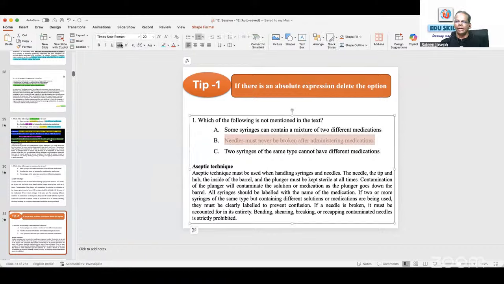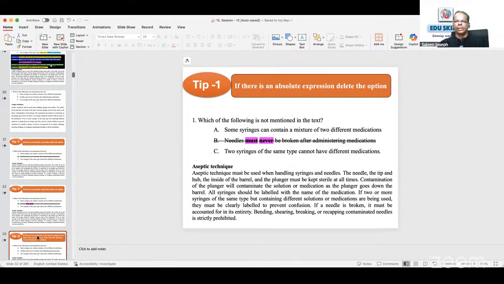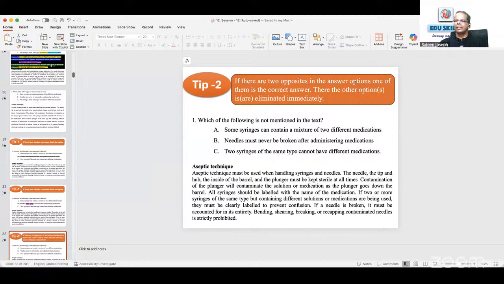Okay, so you have two options now. Tip 2: if there are two opposites in the answer options, one of them is the correct answer. The other two, the other options. One sec.